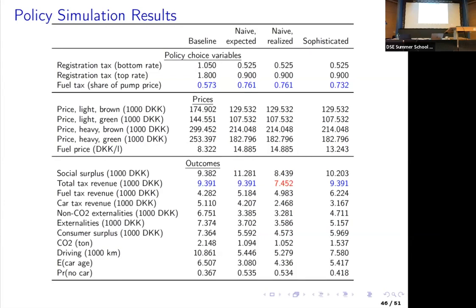And in fact, you have to reduce taxes, increase fuel taxes less than in the naive policy in order to hit the tax revenue targets. That made us think that Denmark is kind of over the hump of the Laffer curve in these taxes. Taxes are really high.